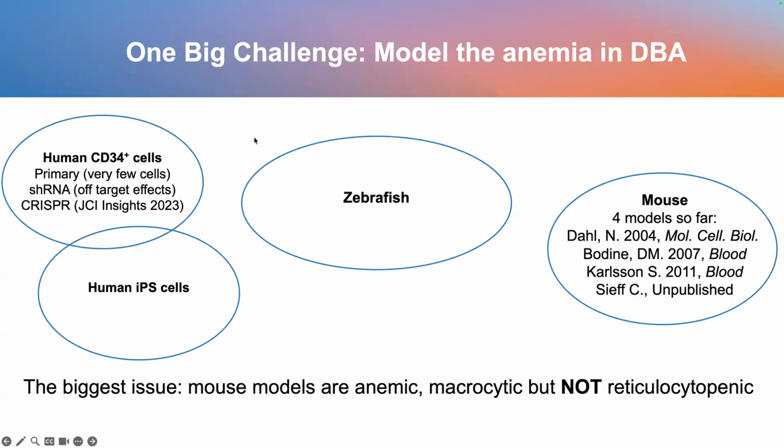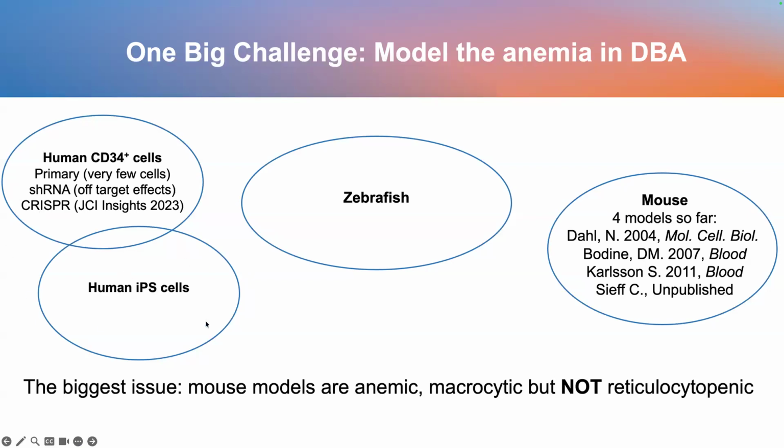So as I mentioned, the big challenge that we've been facing is to model the anemia in DBA. So the human CD34 positive cells, of course, are primary cells, very few cells, and with shRNA there are off-target effects. And now with Mitch Weiss and Senthal, who now has his lab at St. Jude, there has been development of CRISPR technologies to really target the gene of interest and develop some culture system.